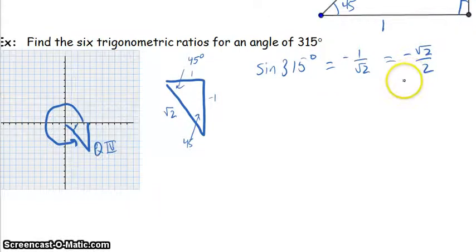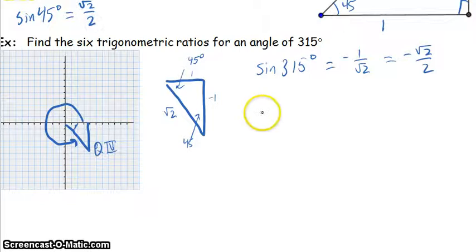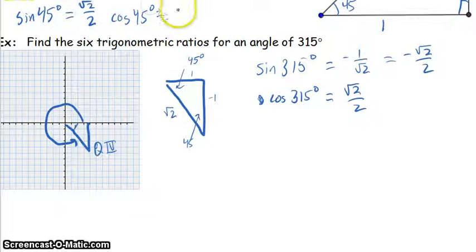So when we talk about 45 degrees, and I can just write this up here, 45 is the exact same thing except no negative. How about cosine? Well, cosine is 1 over the square root of 2, so it's the square root of 2 over 2. So the cosine of 45 degrees is the exact same thing as the cosine of 315 degrees.